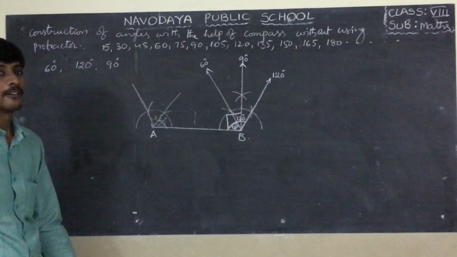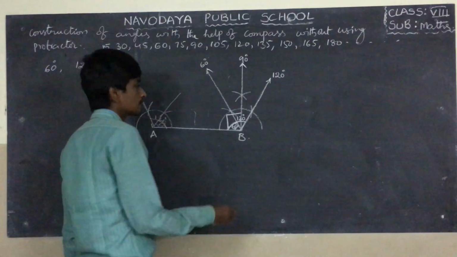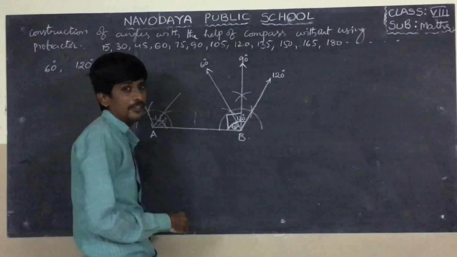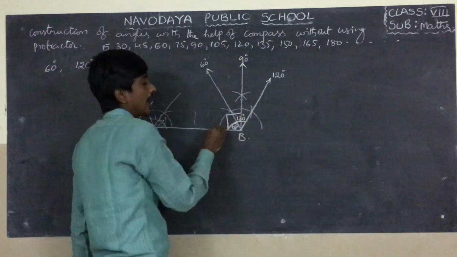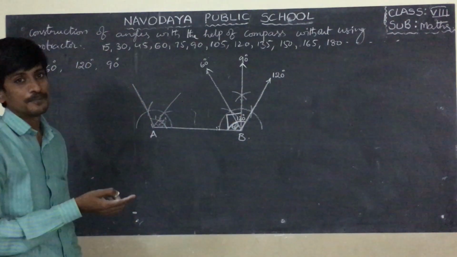Now 45. Where is the 45? Half of 0 to 90, in between them.